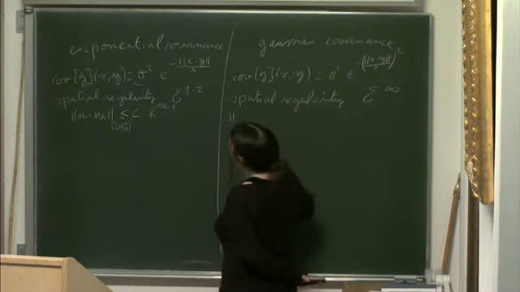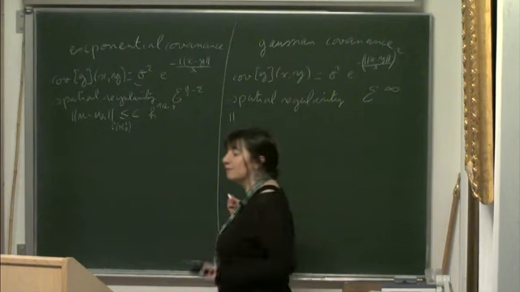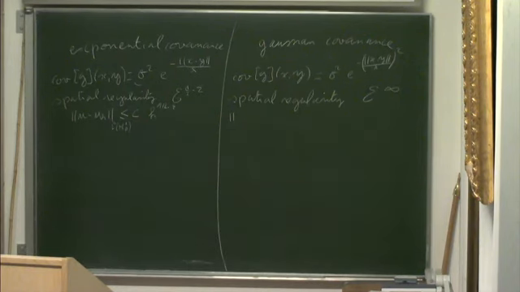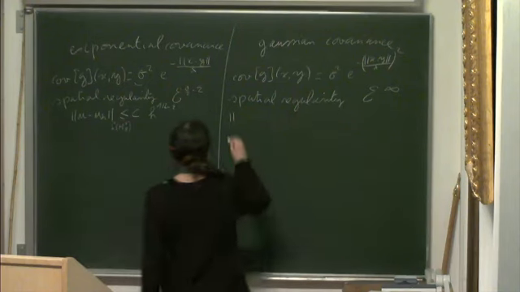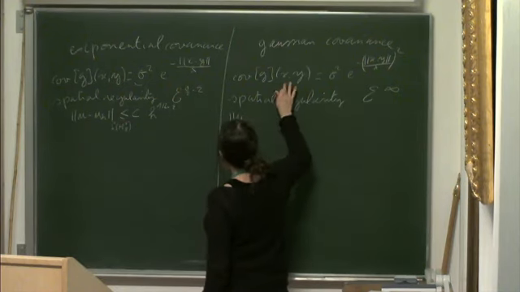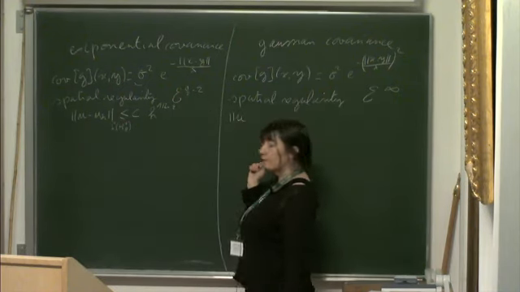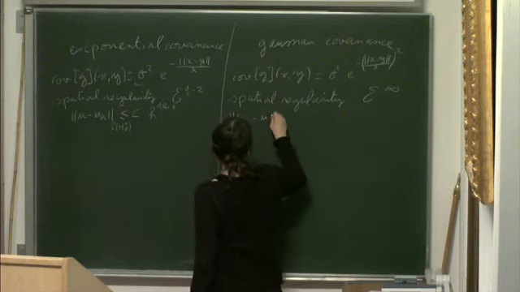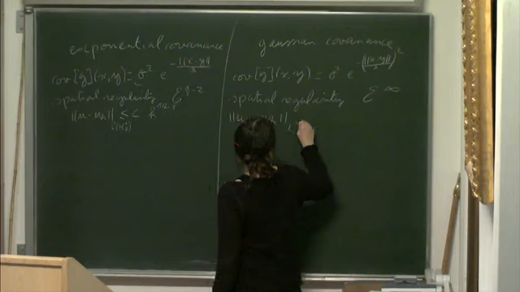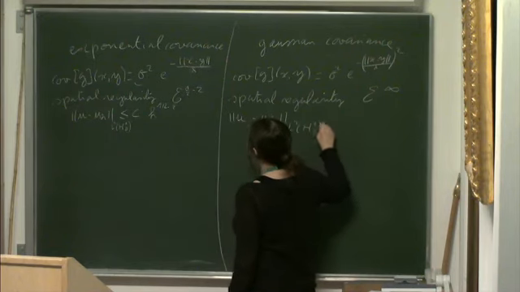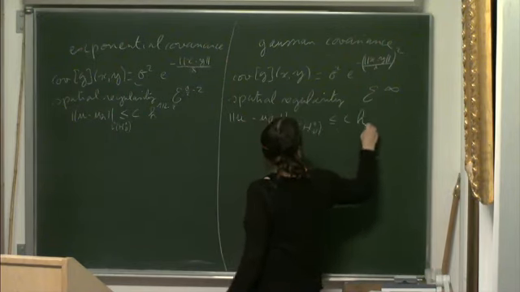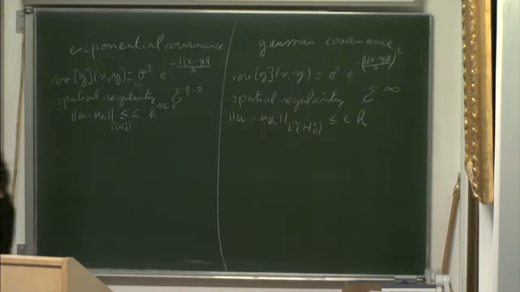Whereas in this case, it's another method, so you expect the error to be like h, and that's what you get in this case, where you are smooth enough. Okay, that's basically what you have to understand of this result.